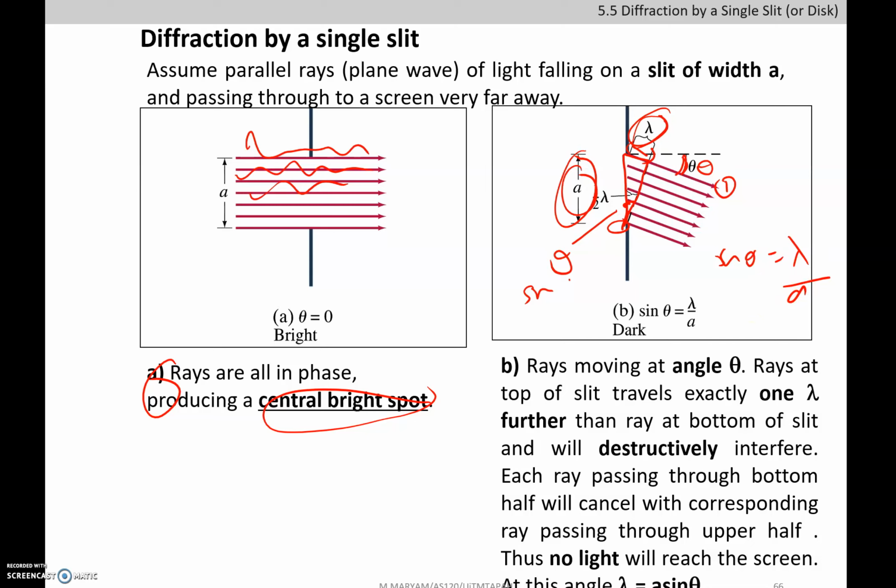We call this the destructive diffraction or destructive interference equation, which, if we simplify it, becomes sine theta equals lambda over a, so lambda is equal to a sine theta. We'll look at this later on.